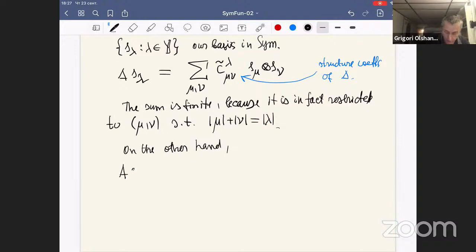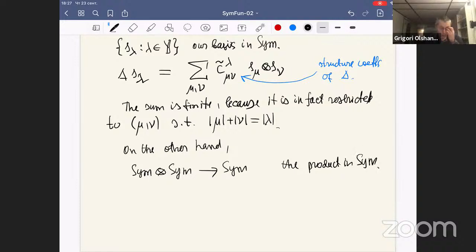So write the structure constant of the product, which means that we multiply one Schur function by another Schur function, and we can expand the result in the same basis of Schur functions.